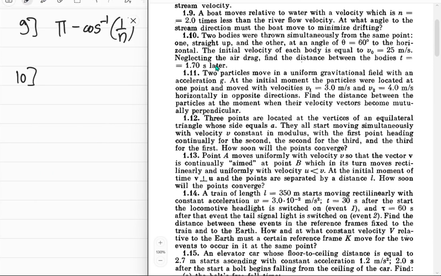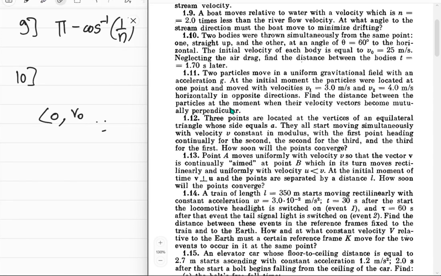Fine. So you can just figure out what the equations of motion will be. For the first guy that's just thrown up, there's no x coordinate displacement, just y coordinate displacement. So with v naught, not u, and theta equal to 60 degrees. Sorry, what are we actually finding?